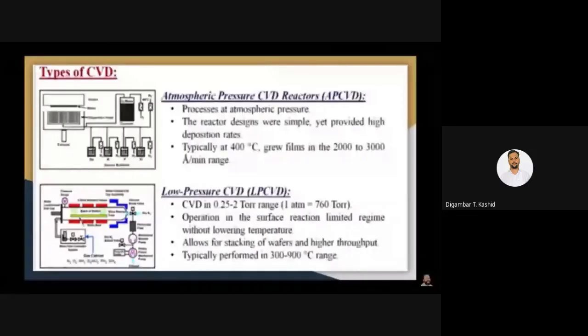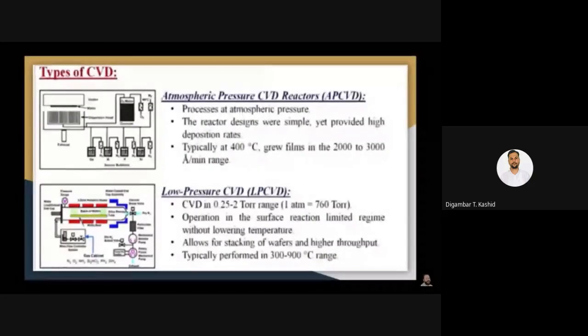Here the operations are in the surface reaction regime, with high throughput, and performed in the 300 to 900 degrees centigrade range. So here the temperature variation is a little bit bigger.